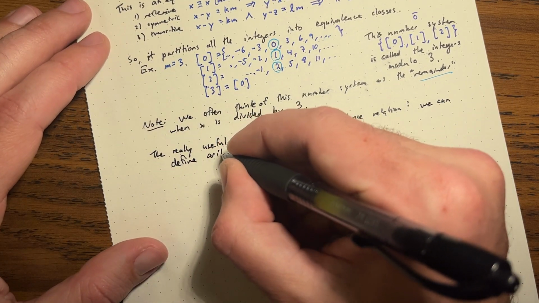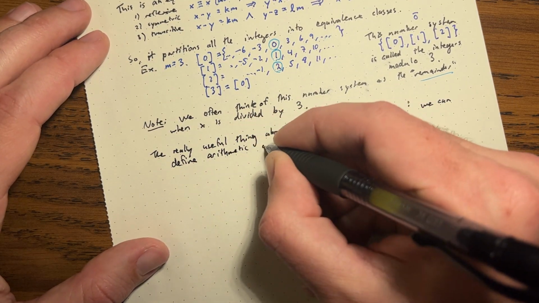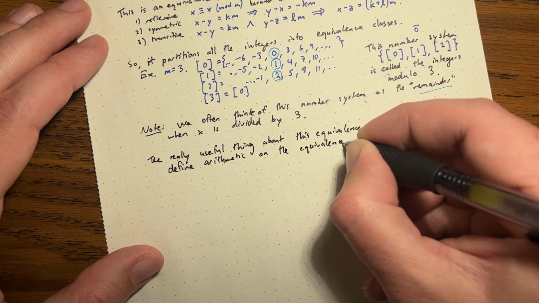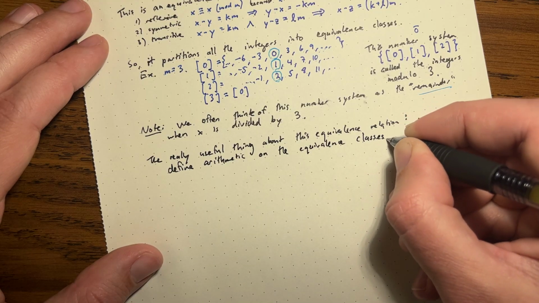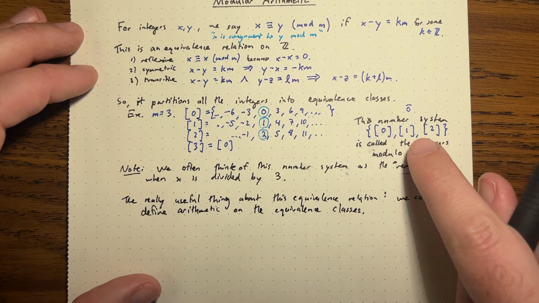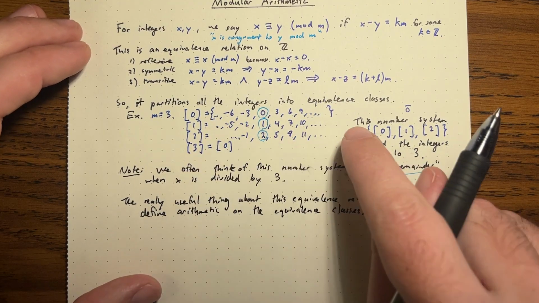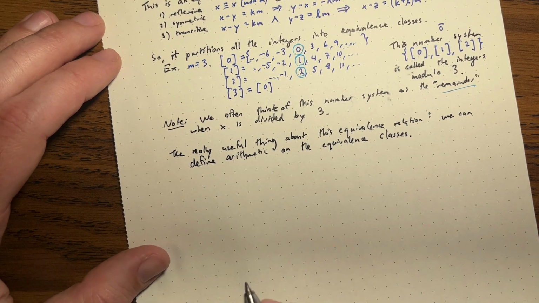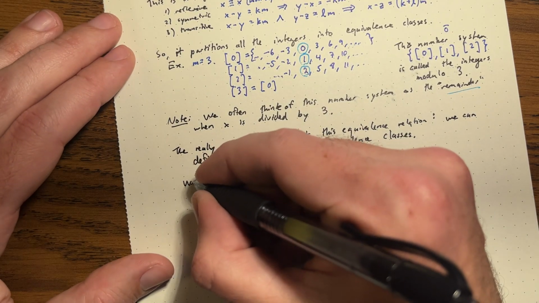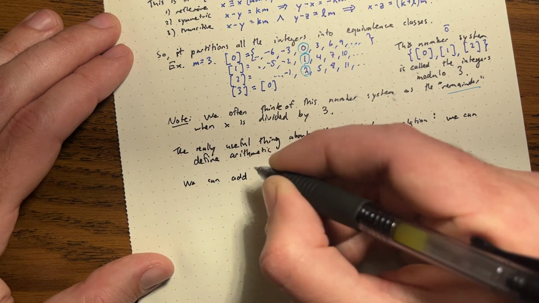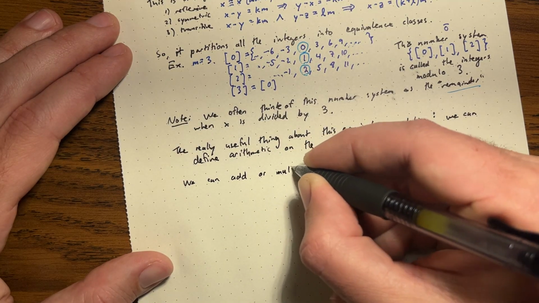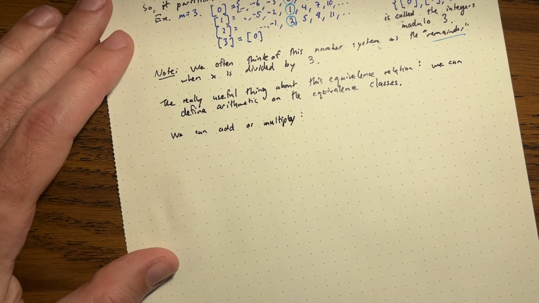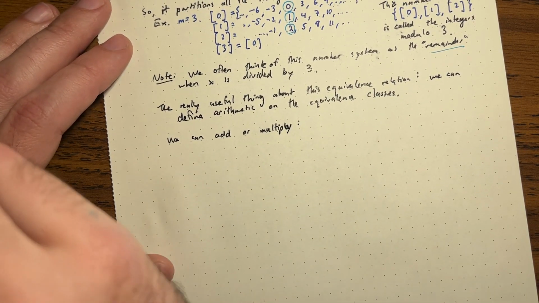So we can define arithmetic on the equivalence classes. You can't always do this in an equivalence relation. This is a really special one. In other words, I can just take these entire infinite sets and I can add them or multiply them. Also subtract. You can sometimes divide. That's a bit of a longer story, but we can add or multiply equivalence classes.